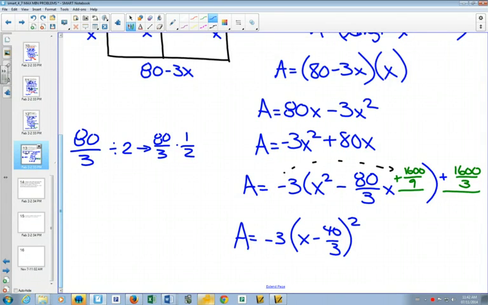Okay, 80 divided by 3, what is that? 26.6 repeated. Okay, do 26.6 repeated, divide by 2 in your head, you get 13.3 repeated. 13.3 repeated squared. Try that in your head. Okay? This is a non-calculator kind of question.